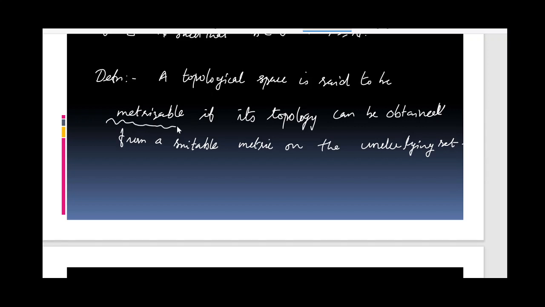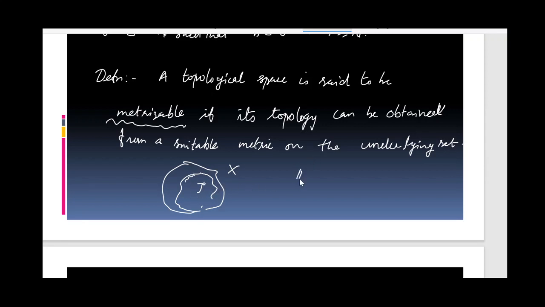So what follows is, when a topology is said to be metrizable, you have a space X with a topology here, a collection of subsets of X. Some topology script T will be there. Now it is said to be metrizable if you are using a metric for defining the elements of the topology.